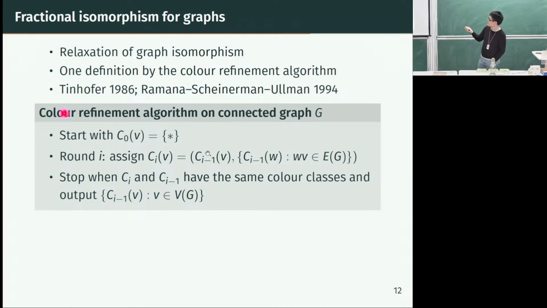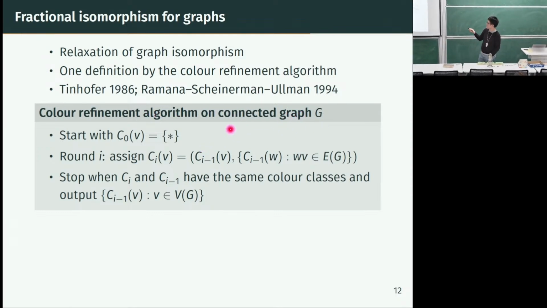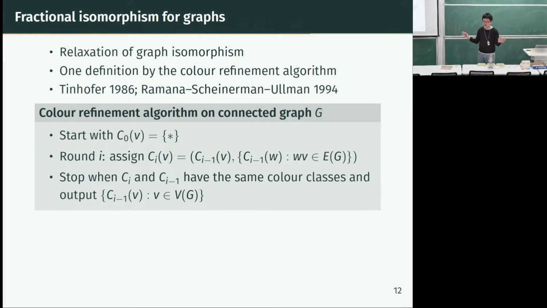It's the color refinement algorithm for a graph, not necessarily connected. So you start off with a dummy trivial coloring of all your vertices. Let me start by coloring every vertex v in the graph with some random element I picked, so let's say the star or something like this.